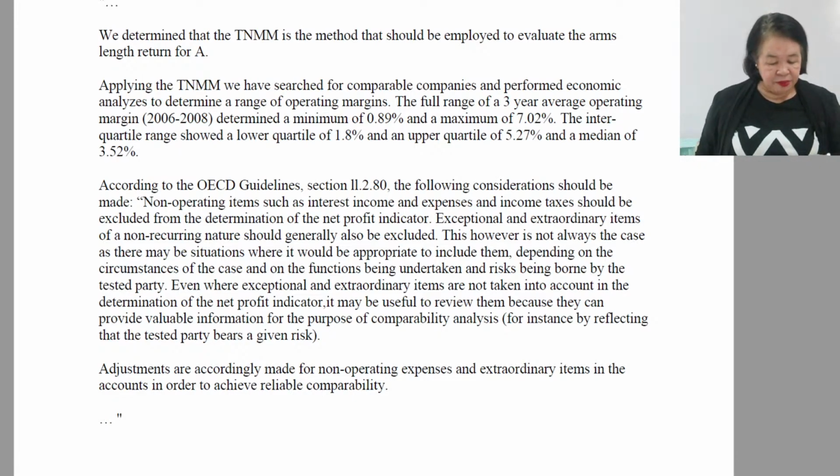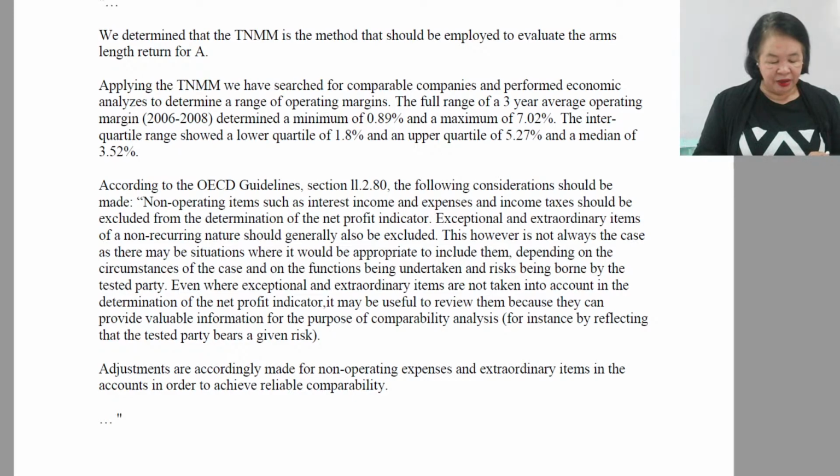So even where exceptional and extraordinary items are not taken into account in the determination of the net profit indicator, it may be useful to review them because they can provide valuable information for the purpose of comparability analysis.